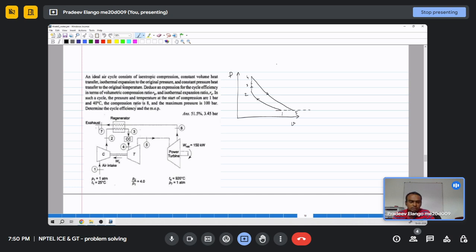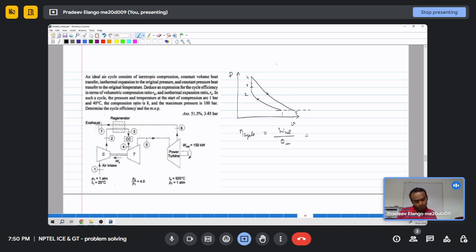So we can just keep calculating the temperature at different points and then calculate the efficiency in total. So the expression for the cycle efficiency: cycle efficiency, eta cycle, will be net work divided by Qin.